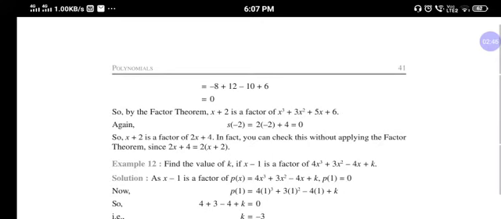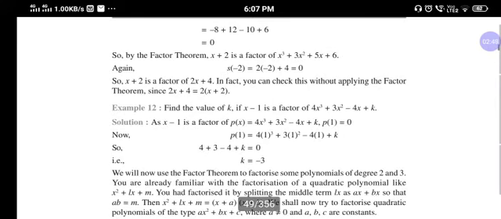Now we have example number 12. Find the value of k if x minus 1 is a factor of 4x cube plus 3x square minus 4x plus k. When we have one of the factors of a polynomial, then always do p of x is equal to 0.